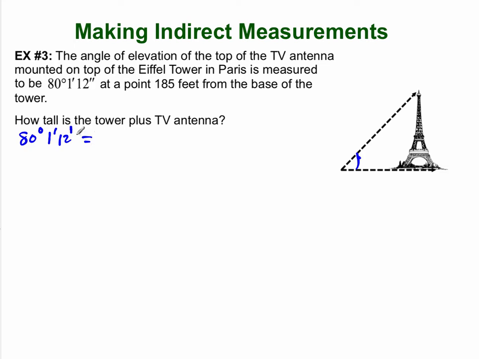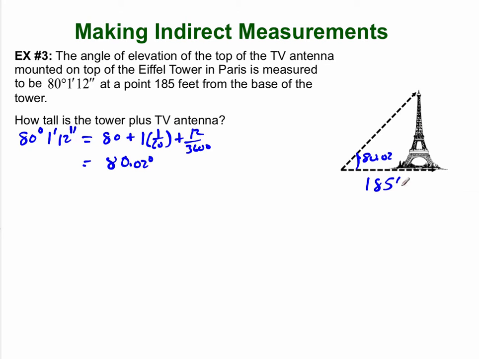So when you do this, it becomes 80 plus 1 times 1 over 60 plus 12 divided by 3600. So we get 80.02 degrees. So this angle is 80.02 degrees.